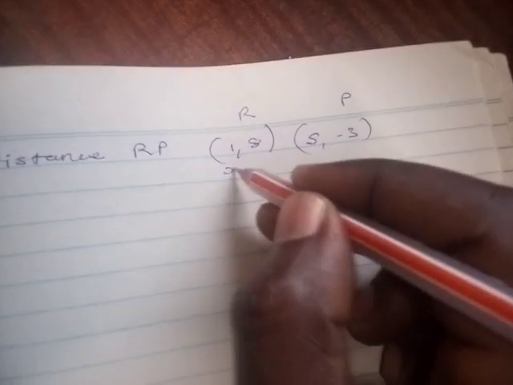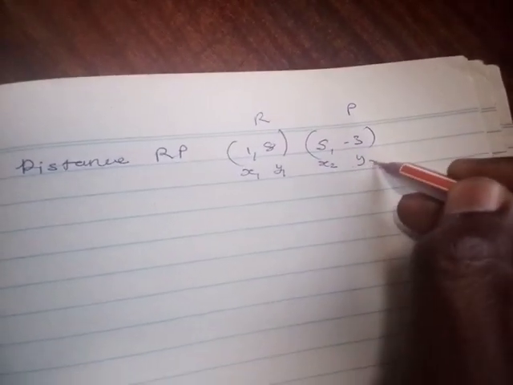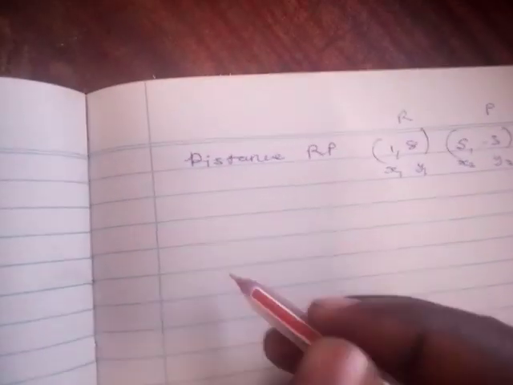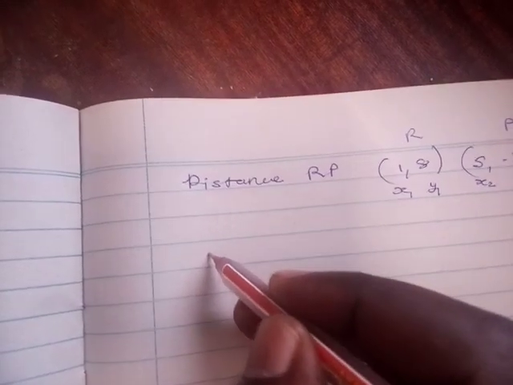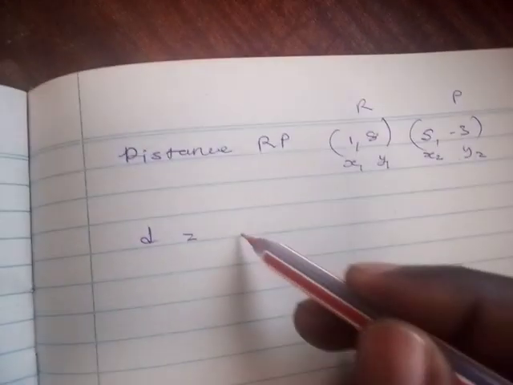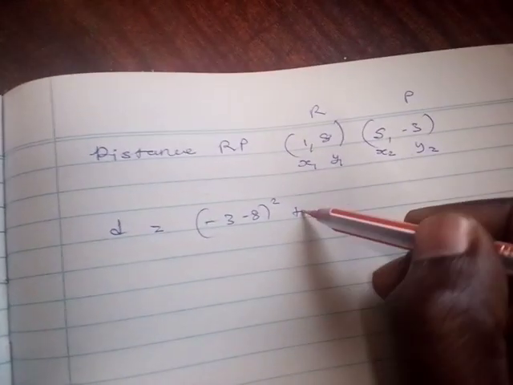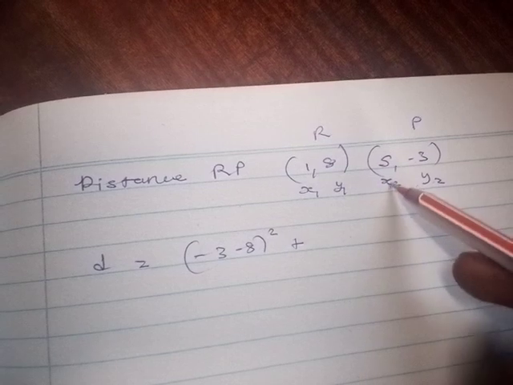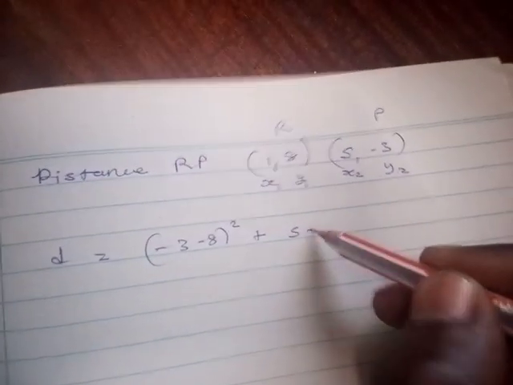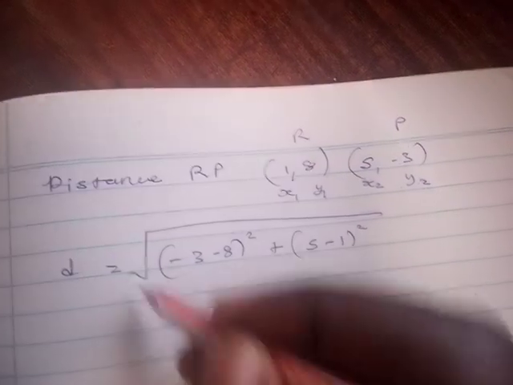So this one can be my x1, y1, x2, y2. So I substitute in our formula. So distance will be equal to y2 minus y1, which is negative 3 minus 8, squared, then plus x2, which is 5, minus x1, which is 1, squared, all under root.